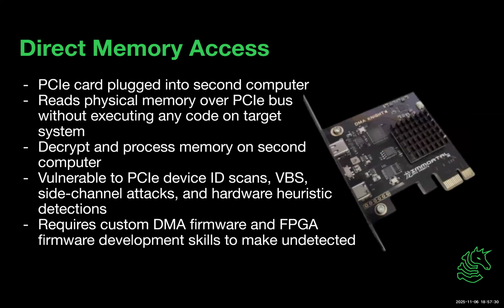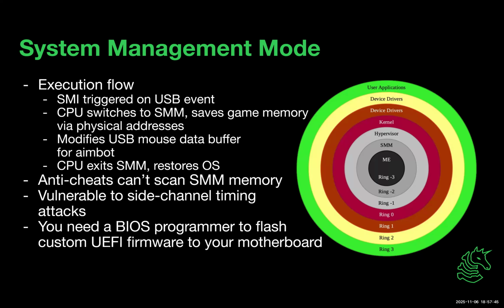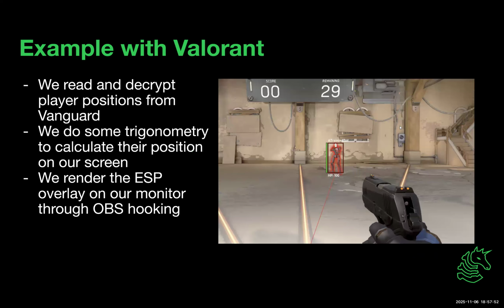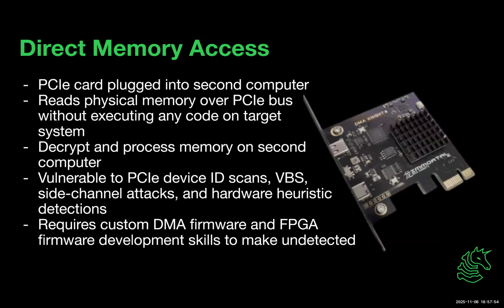Direct memory access is a little less sophisticated than SMM, but essentially you just have a PCIe card plugged into your computer that can directly read and write the parts in RAM. This runs in a ring that's less privileged than your hypervisor, so you can't actually read virtualized memory using DMA.